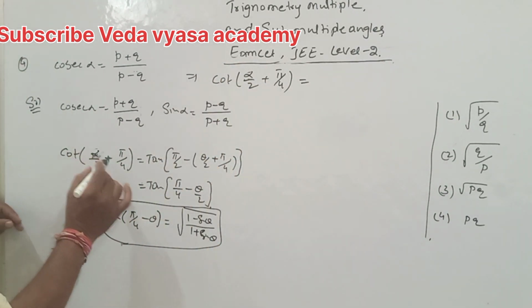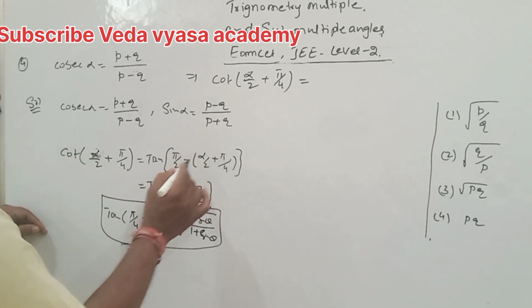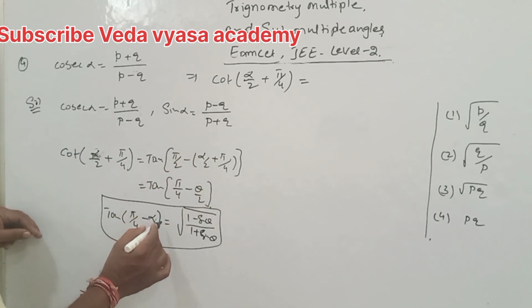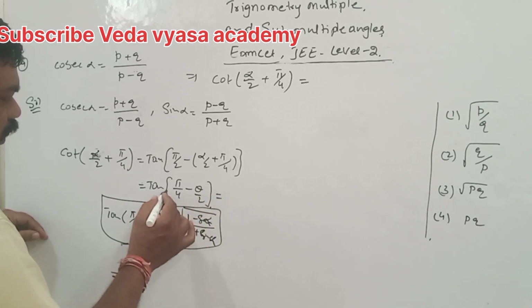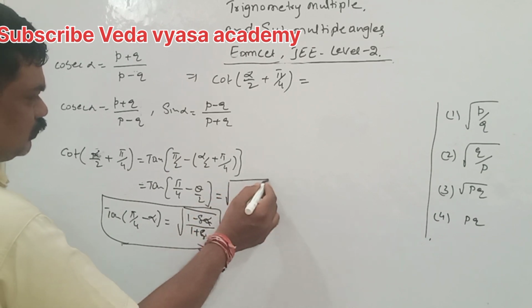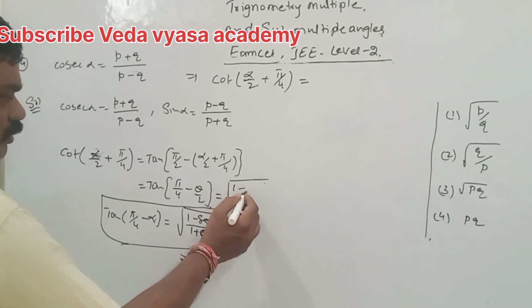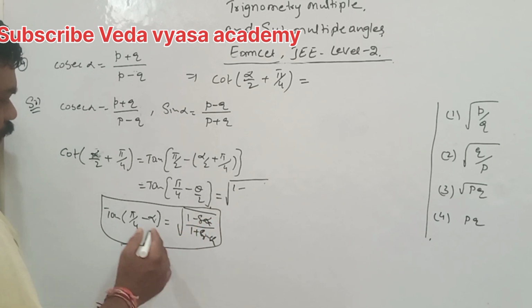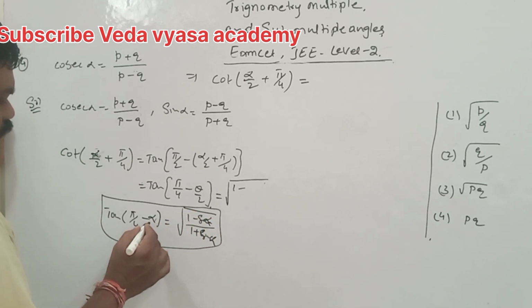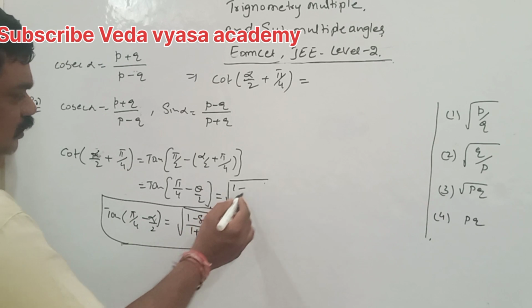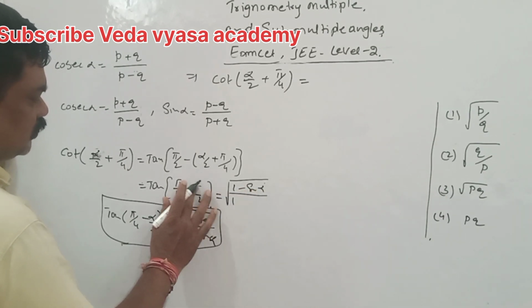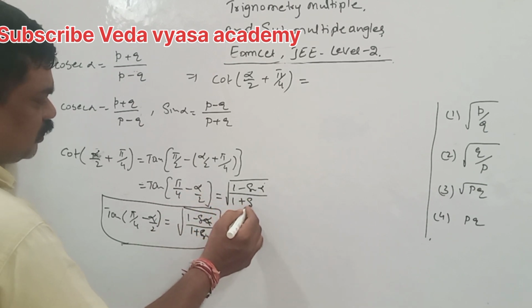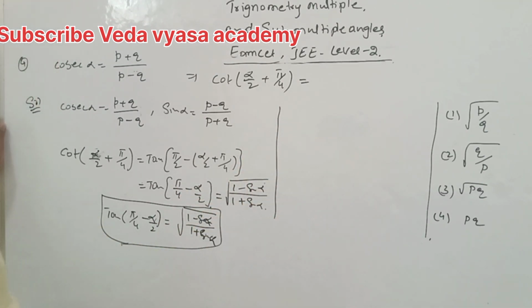So tan of (pi by 4 minus alpha by 2) is equal to root over (1 minus sin alpha) by (1 plus sin alpha). But what is sin alpha? (p minus q) by (p plus q).